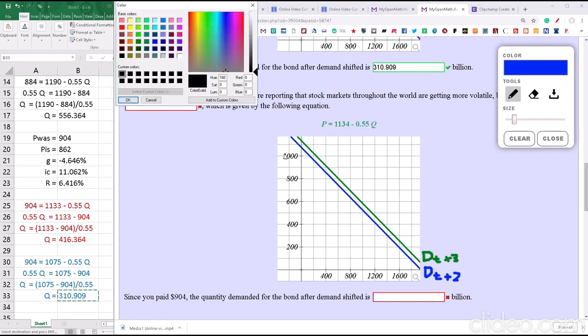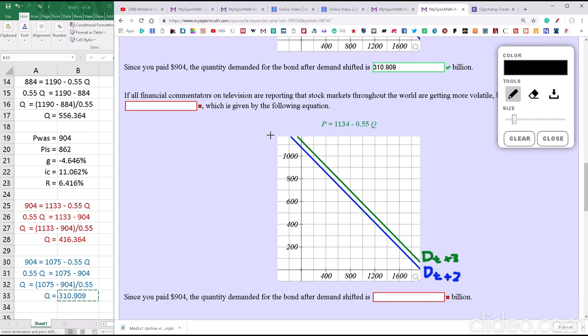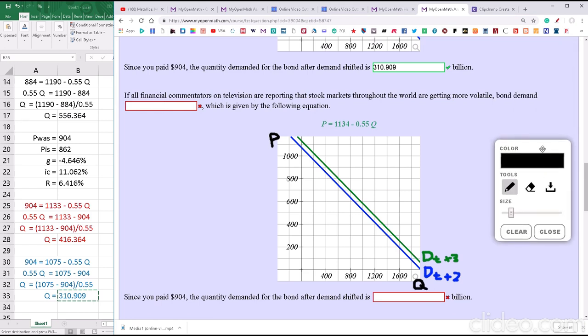And of course, you got to label the p-axis, the q-axis, right? Okay, now in this scenario, all financial commentators on television are reporting that stock markets throughout the world are getting more volatile.